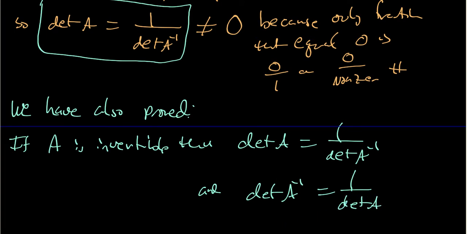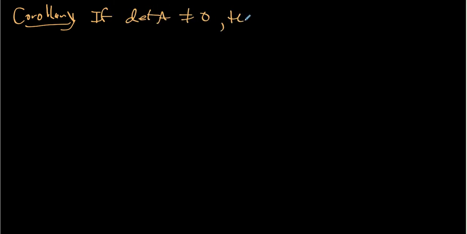Now, it turns out that our corollary goes both ways, and I want to look at that as well. So let's look at one more corollary to our big theorem. And this corollary is, if the determinant of A is not equal to 0, then A inverse exists.